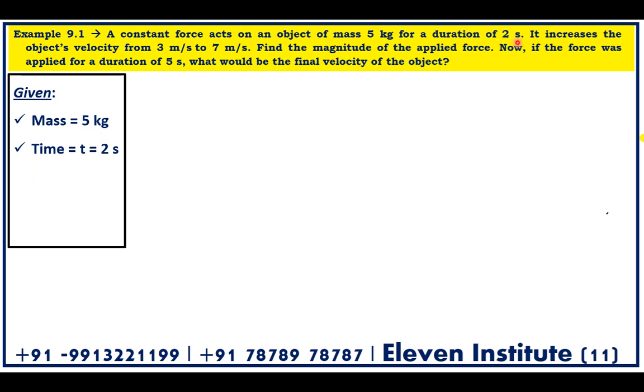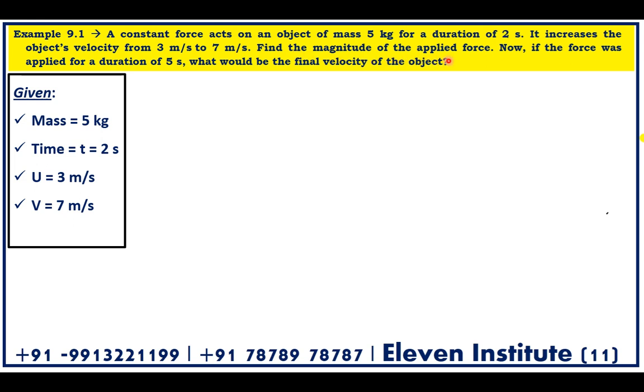It increases the object's velocity from 3 meters per second to 7 meters per second. So 3 meters per second will become our initial velocity u, and 7 meters per second will become our final velocity v. So u is equal to 3 meters per second and v is equal to 7 meters per second.